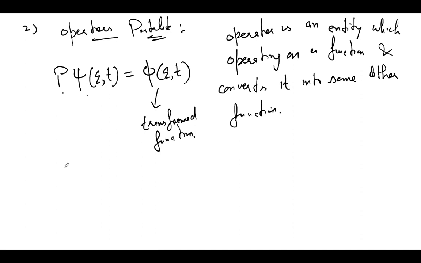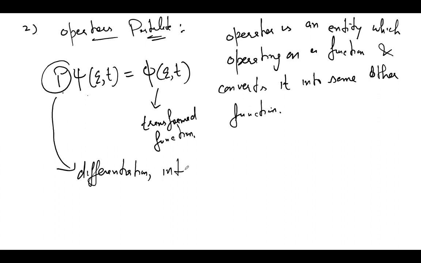Typical examples of operators can be differentiation and integration. The operators for differentiation and integration are delta over delta q and integral dq respectively.